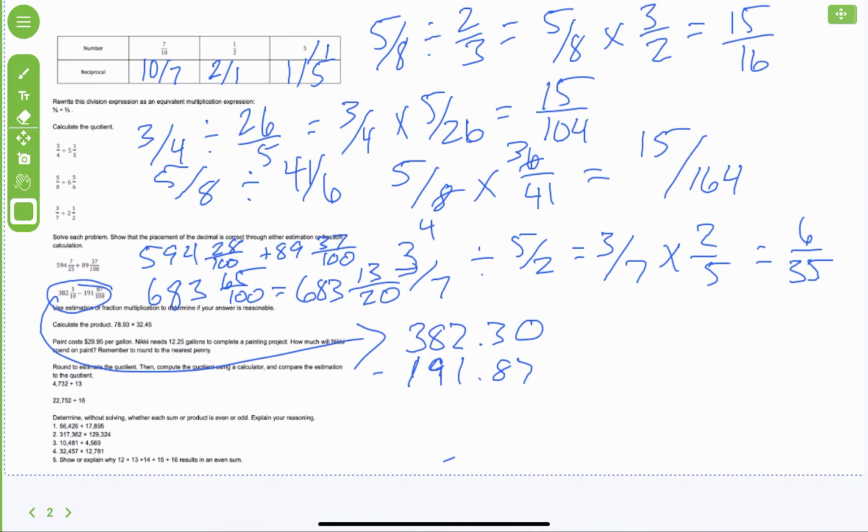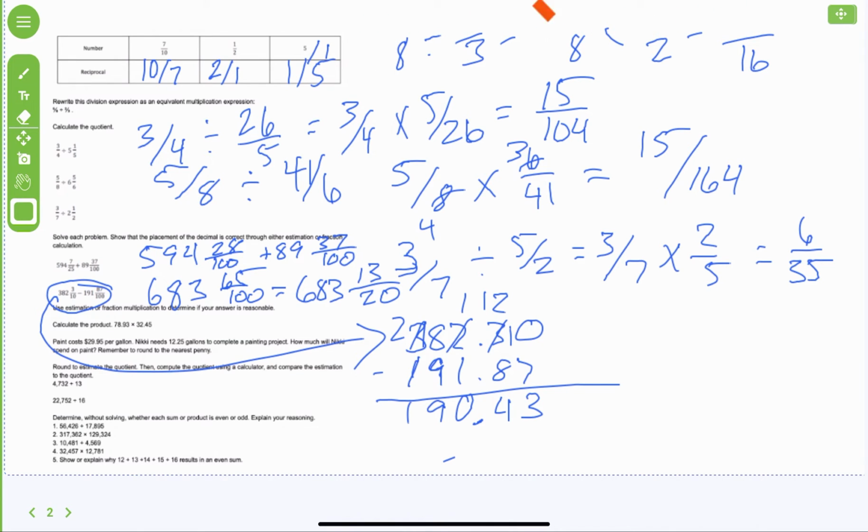And can I put a 0 there? Yeah, we can always put a 0 at the end, right? So now we could just subtract that. It is subtraction, yeah. Borrow. As long as we keep our decimal lined up, we should be fine. Everybody get 190 and 43 hundredths? All right, good. I'm going to start erasing this up here, guys, so we can do some more.